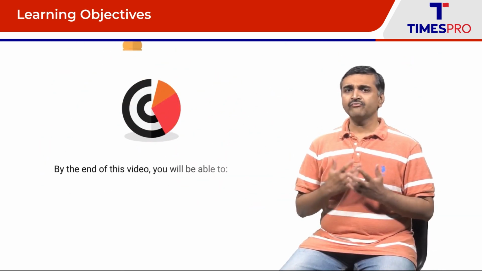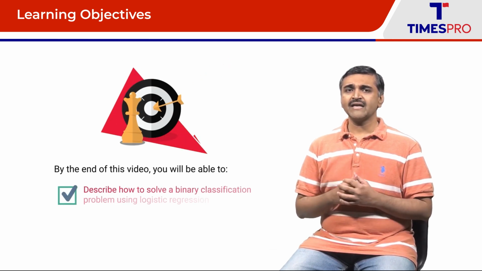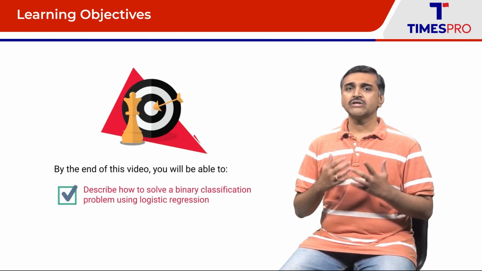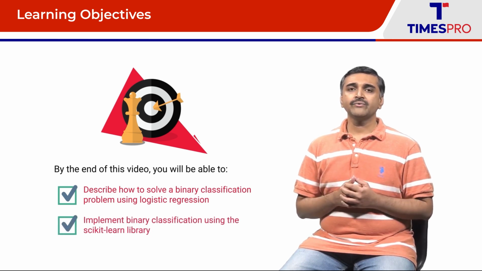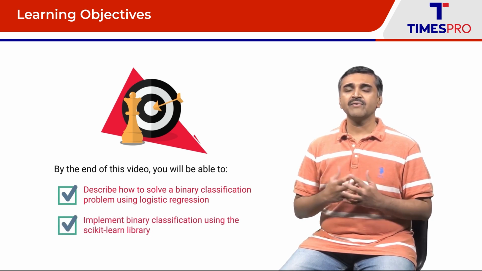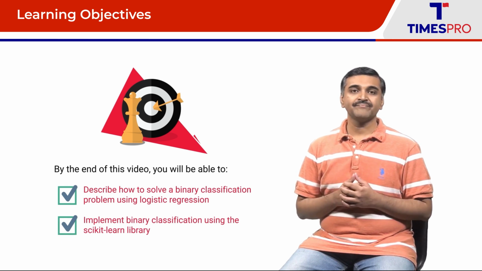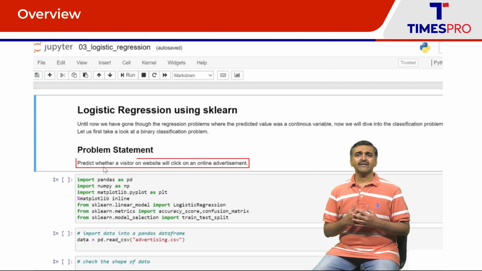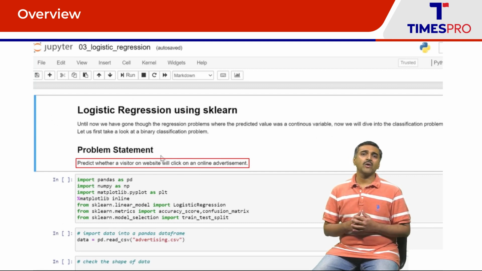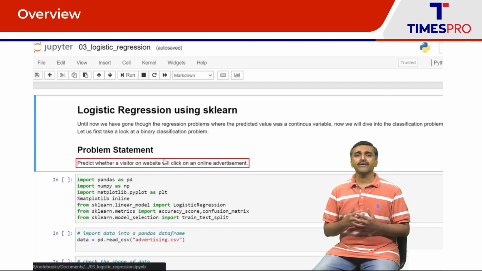In this video, we are going to solve a binary classification problem using logistic regression. And we are going to use the Scikit Learn library to implement the same. In this demo, we have to predict whether a visitor on the website is going to click on an online advertisement or not.